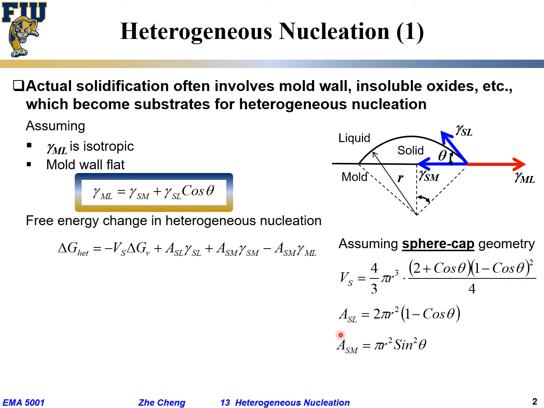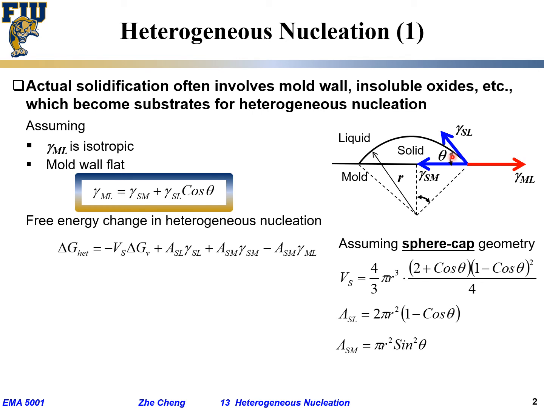Okay? A_SL is the area from here all the way to here. The sphere cap area is 2 pi r squared times (1 minus cosine theta). Let me ask you this. If theta is 90 degrees, what shape is this sphere cap? That is half of what?